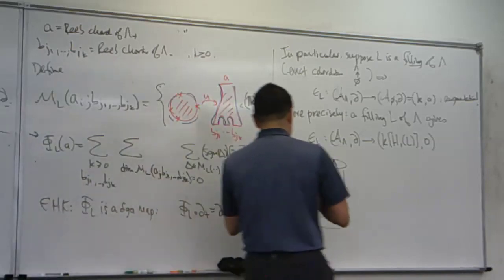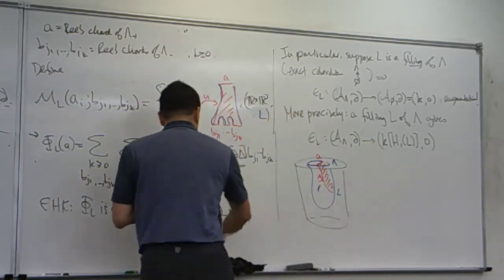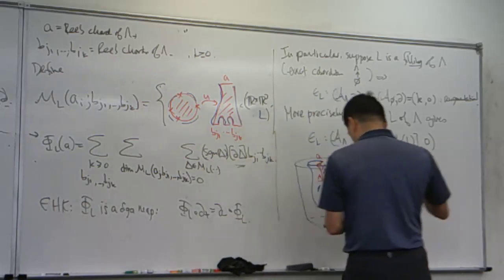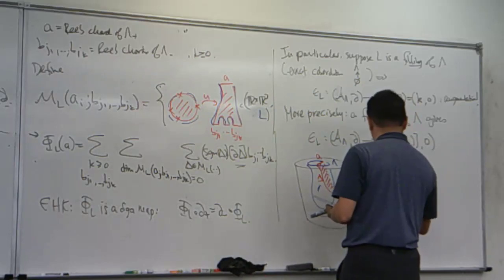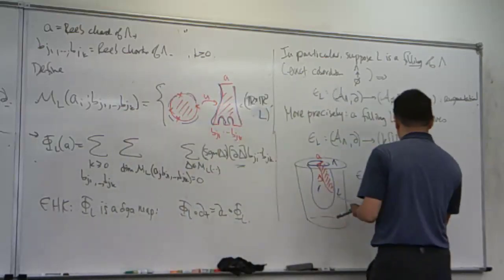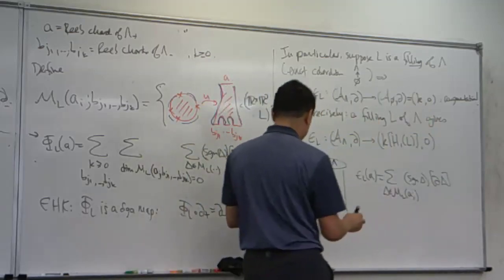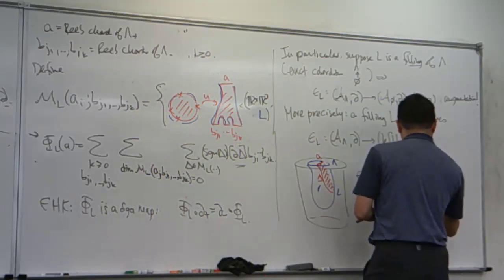Here this is delta. And what we're saying is that epsilon L of a is a sum over delta in this moduli space, which has a at the top and nothing down at the bottom, of some sign associated to delta times the homology class of the boundary of delta. And again, I'm thinking of this as inside of H1.